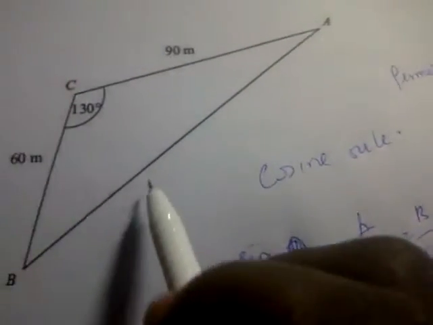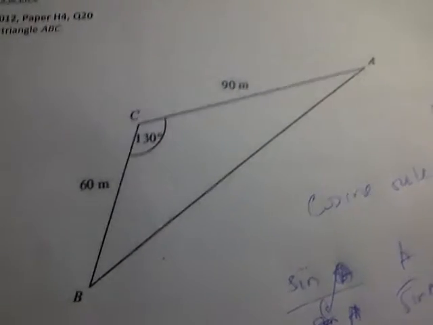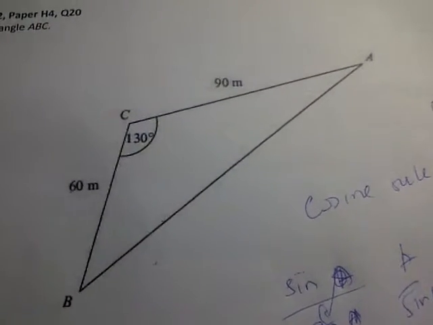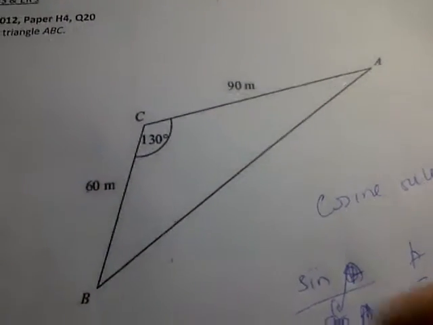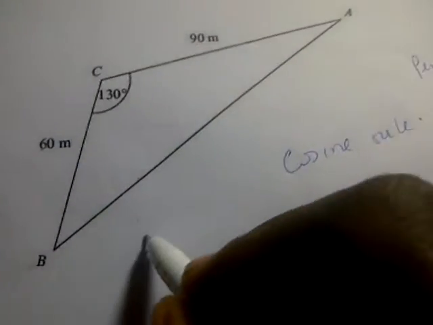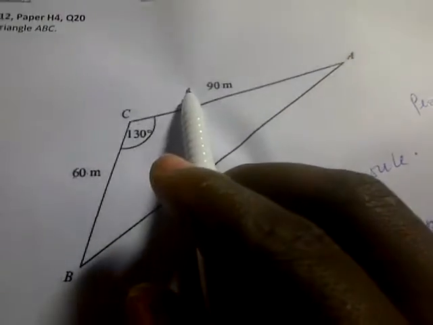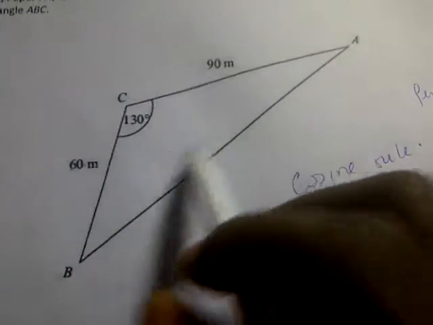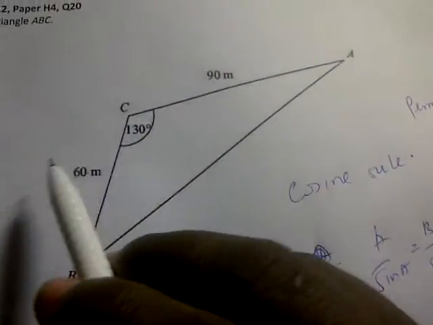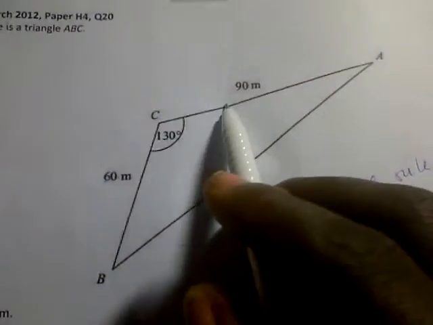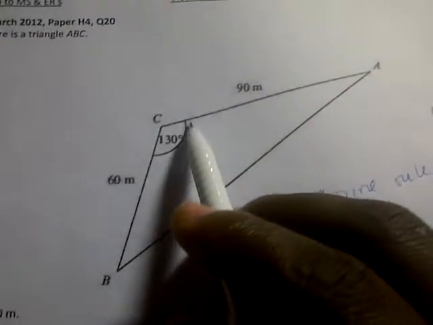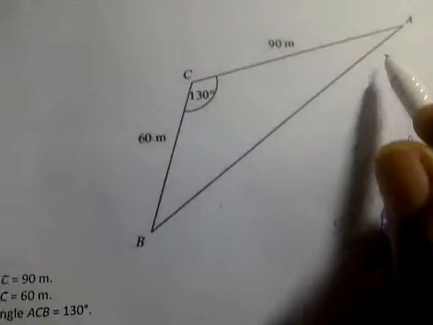This rule is a bit more like Pythagoras theorem, but it takes another format. In the cosine rule, we have this squared plus this squared, then minus 2 times this times this, times cos of this angle, will give us this squared. Now let's write that down.